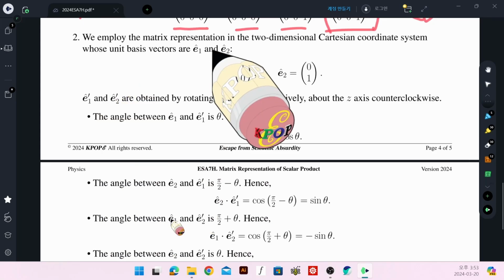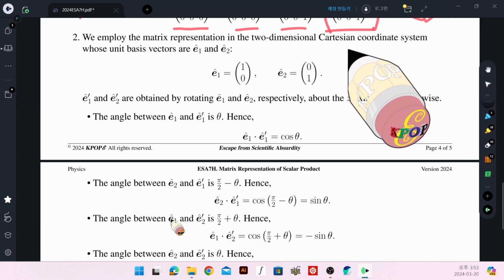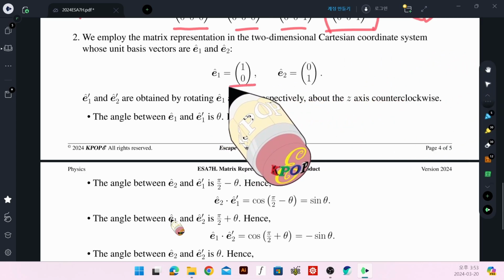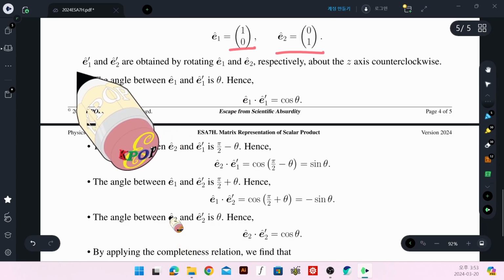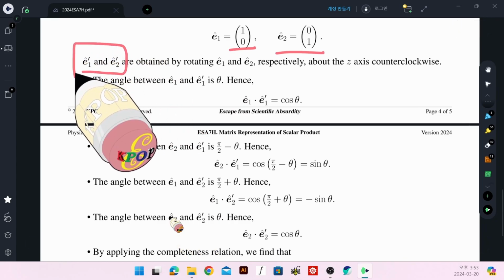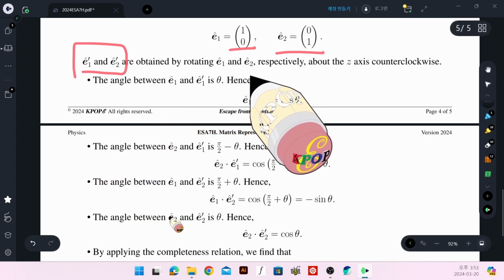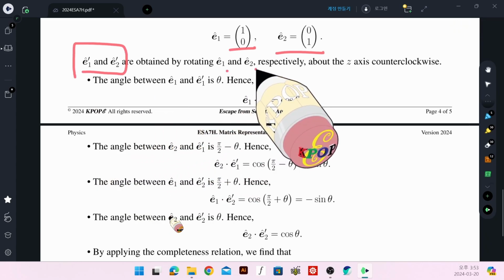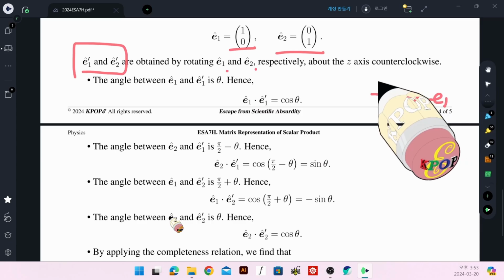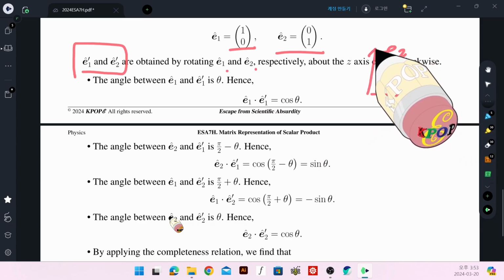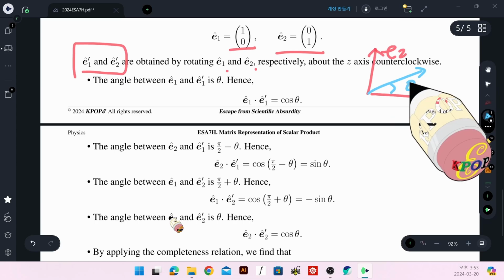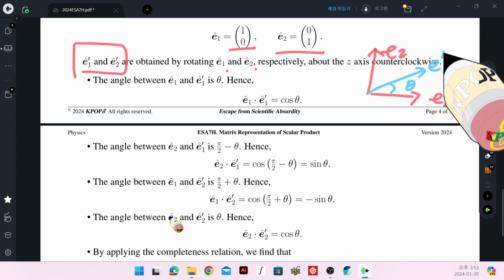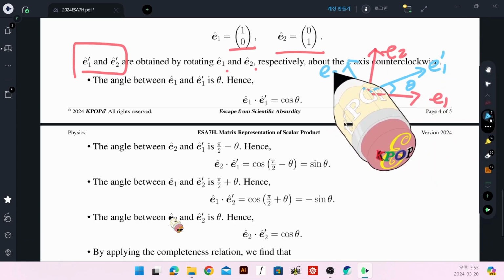We employ the matrix representation in the two-dimensional Cartesian coordinate system, E1, E2. Then we have primed basis vectors that can be obtained by rotating E1 and E2. So E1 is here, E2 is here, and then we rotate them by an angle theta to have E1 prime and E2 prime.